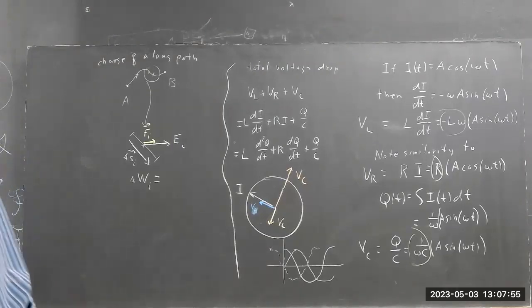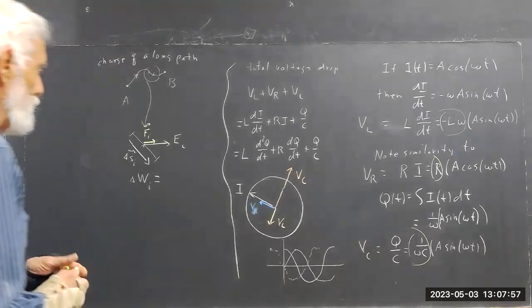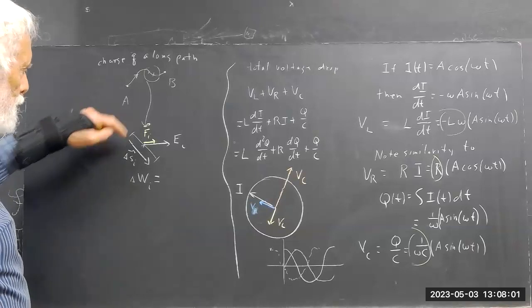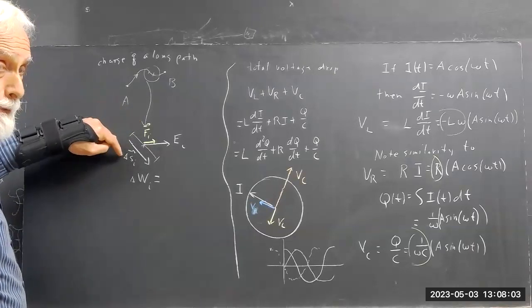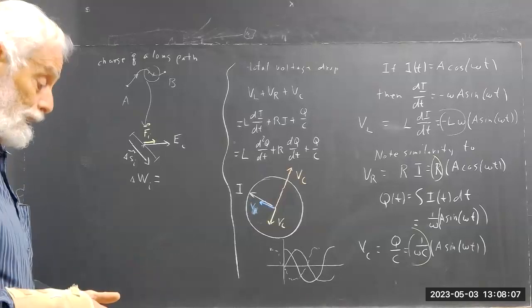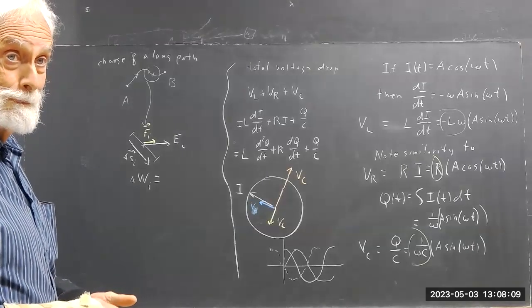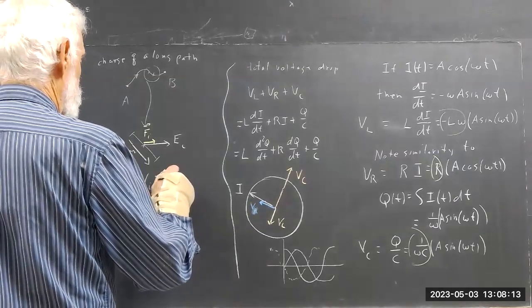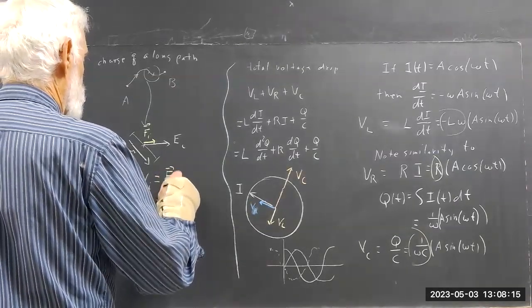Now I just wanted to stop for a second and ask, what's the work? And the answer I got was the F sub i times delta S sub i. Well, it's kind of the right direction, but that's not how to calculate work with vectors, because the vectors are not in the same direction.